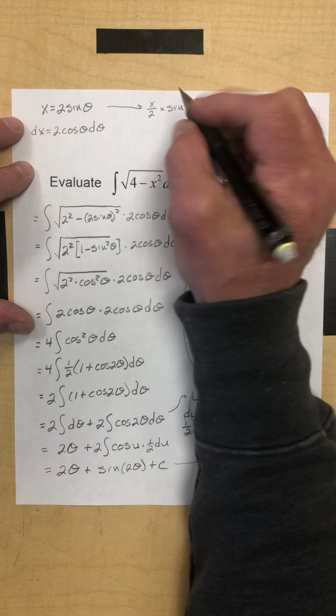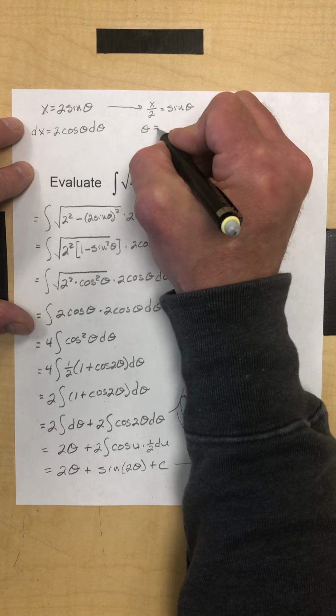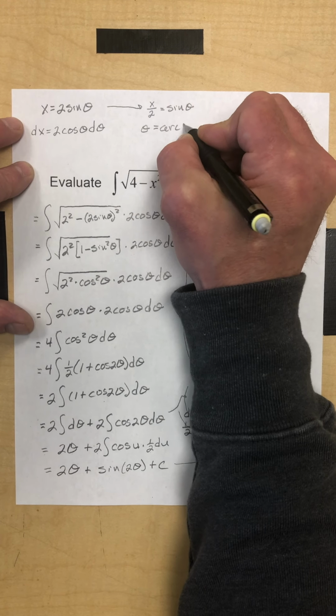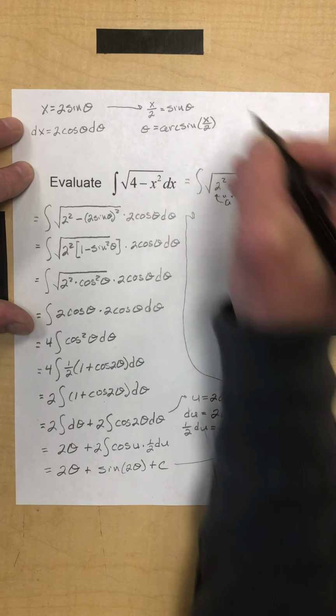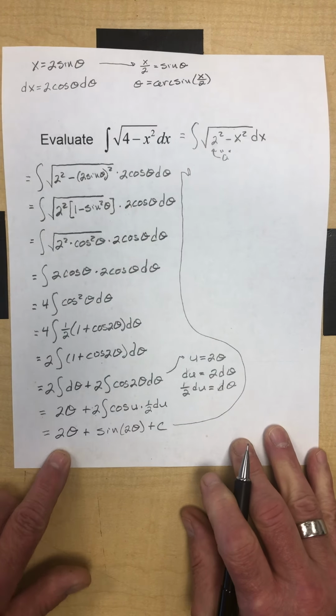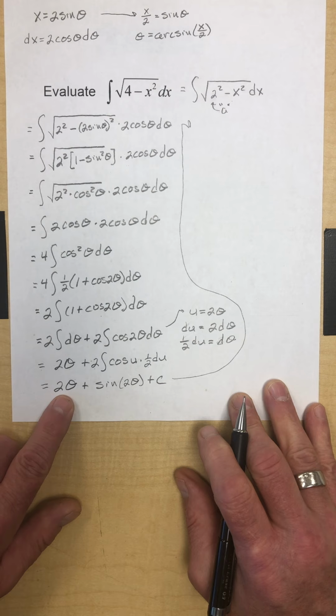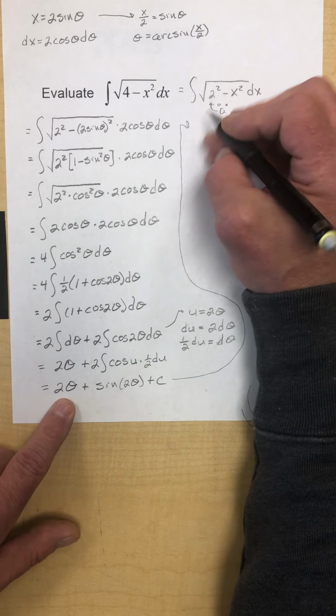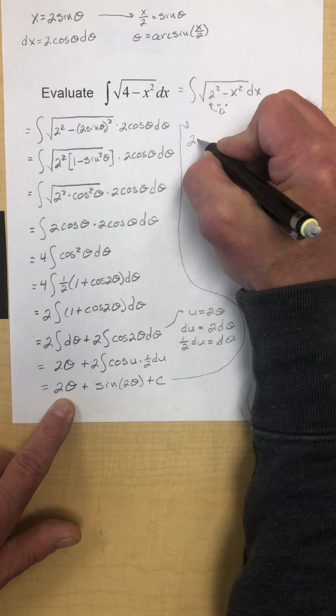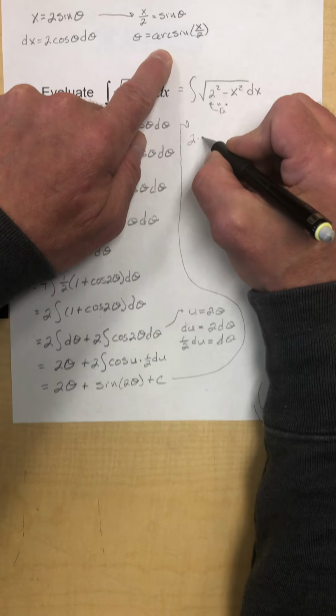So this would mean that theta is the arc sine of x over 2. That takes care of this first part of it. So I'm going to get this 2 theta becomes 2 times arc sine of x over 2.